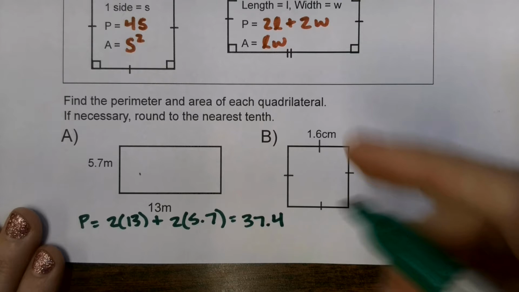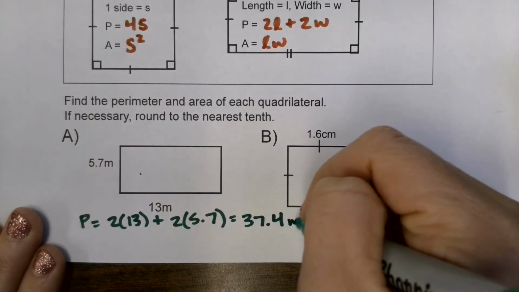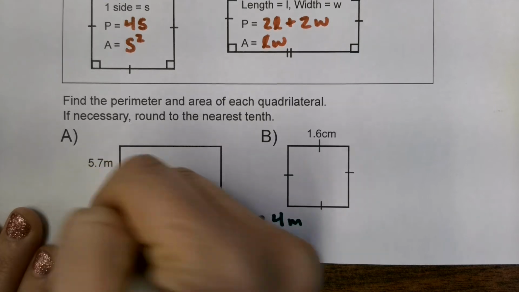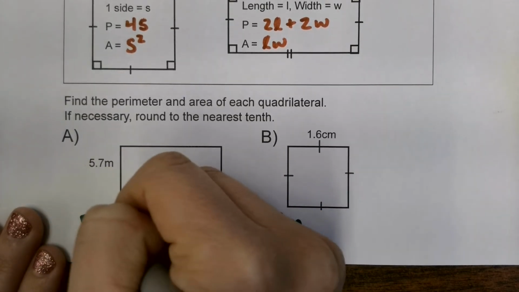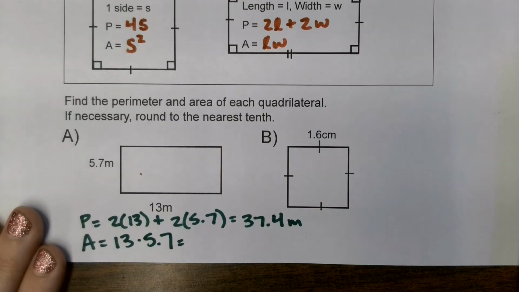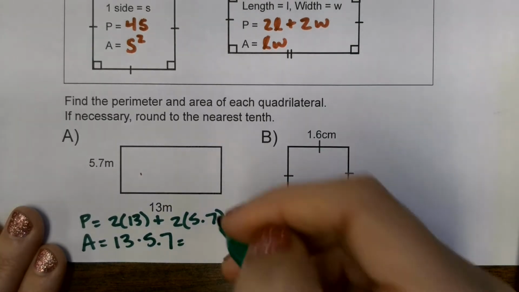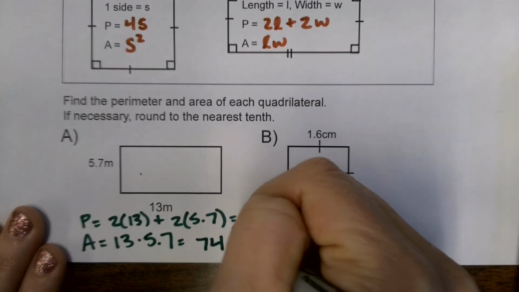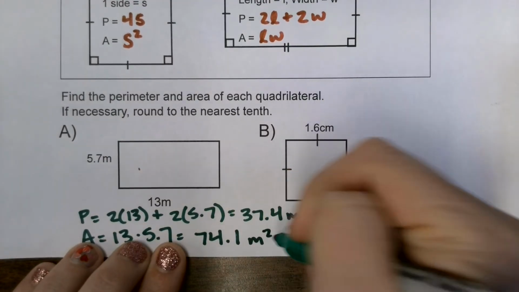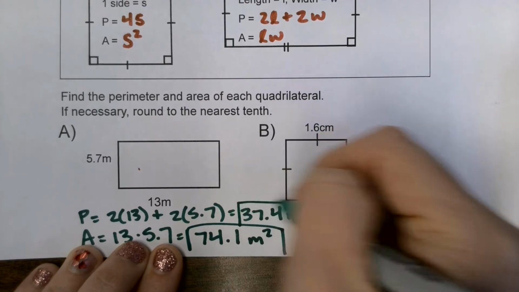Since we are talking perimeter, it is just in meters, where for area, my length times width is just 13 times 5.7, which is 74.1, and area is in square meters for this example at least.